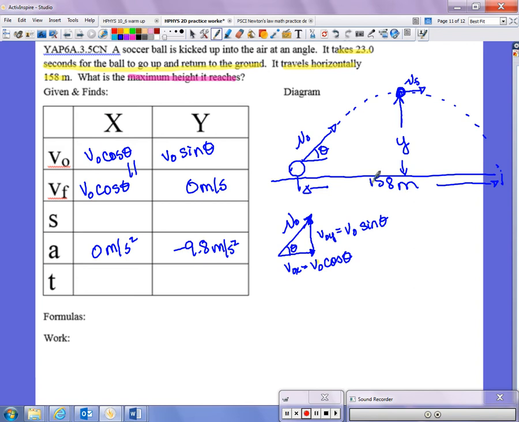Well, I certainly don't want to use 158 meters, and I don't want to use 23 seconds, because that represents the total path length.